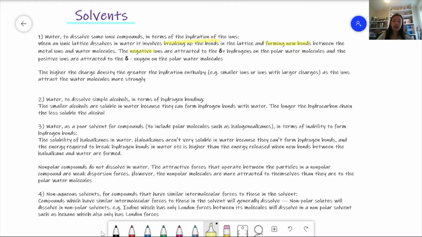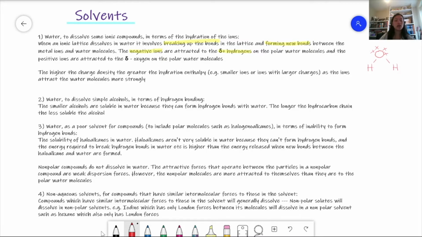So the negative ions are attracted to the partially positive hydrogens on the polar water molecules, because a water molecule looks like this. So there's covalent bonds between the oxygen and the hydrogen, but this has 2 lone pairs of electrons free to bond with other molecules.